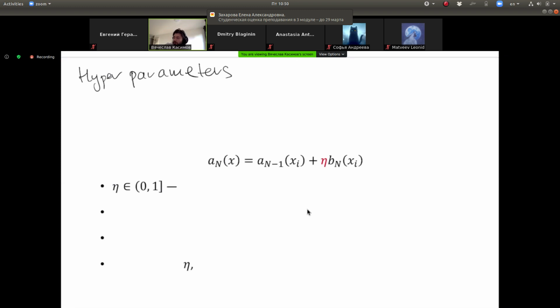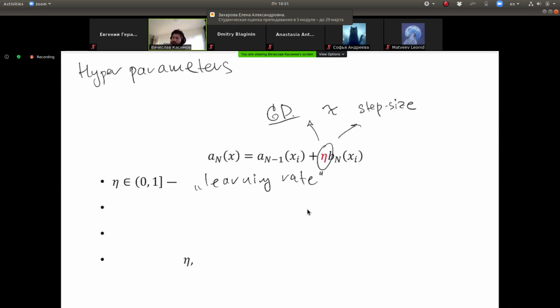Okay, so the very first natural hyperparameter is the step size, as we have in gradient descent. We have some step size here too, so we could call it learning rate.